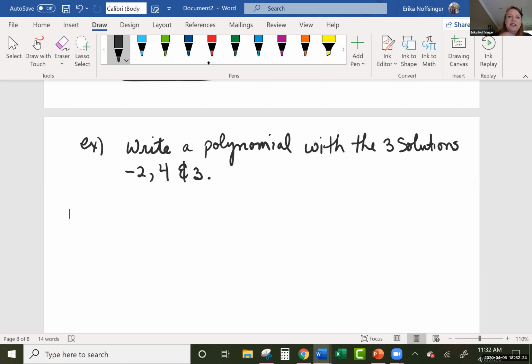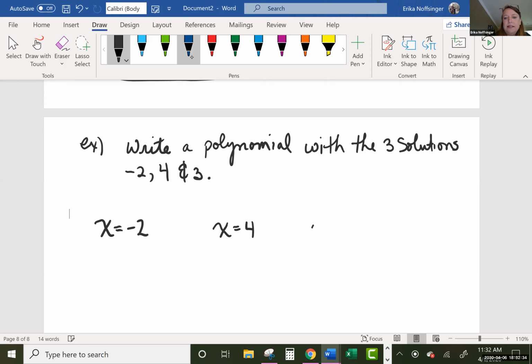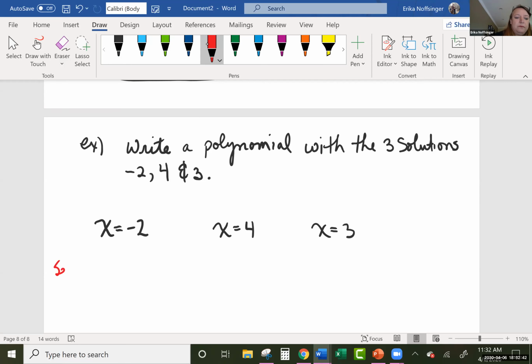And so think of it this way. Think of it as x equals -2. That's a solution, right? X equals 4. That's a solution. And x equals 3. That's a solution. Well, let's set each one of these equal to 0. So for the first equation, I would add 2 to both sides, right?